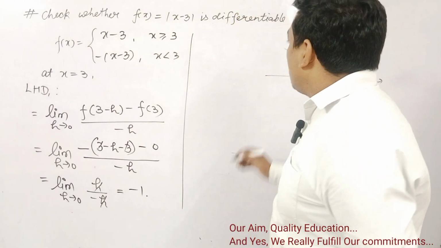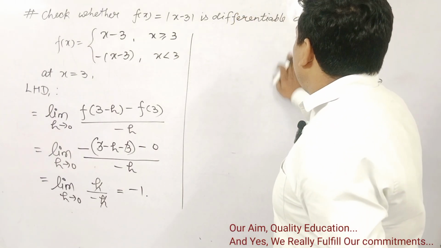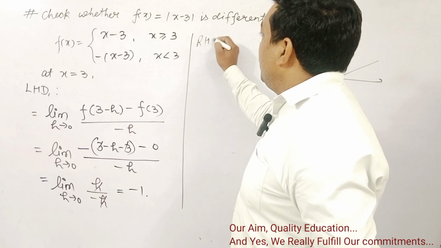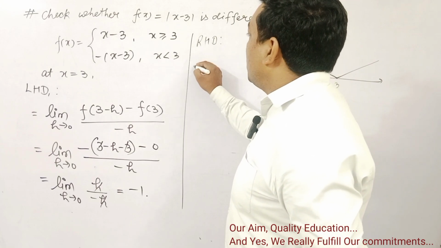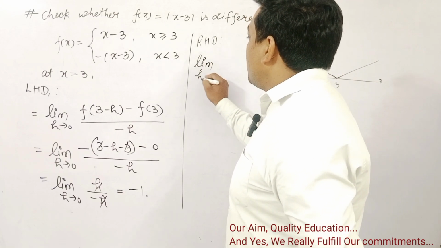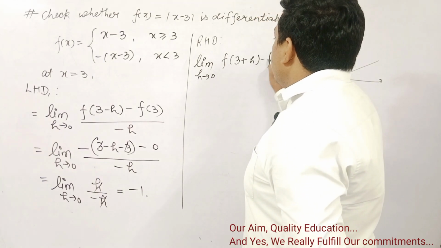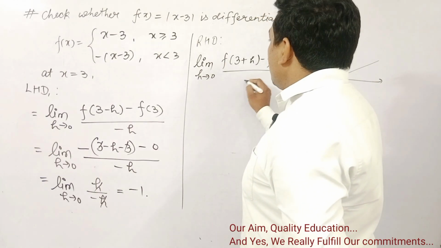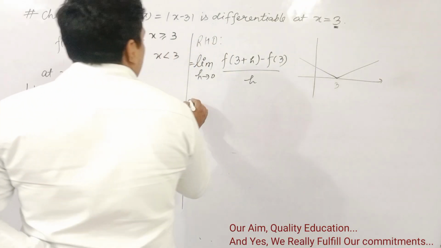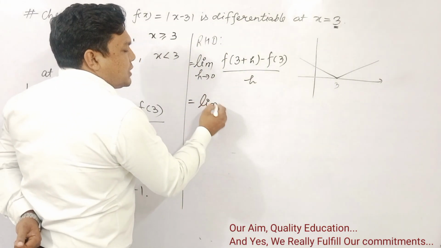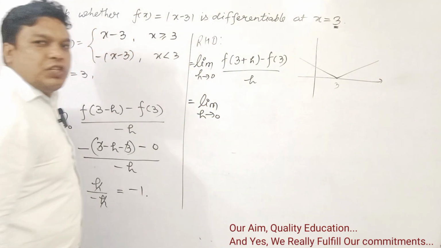So what is LHD? Minus 1. Now we calculate RHD. What will your RHD be? RHD will be limit h tends to 0, f of 3 plus h minus f of 3 upon h. Is it okay? So which function will you use for f of 3 plus h?